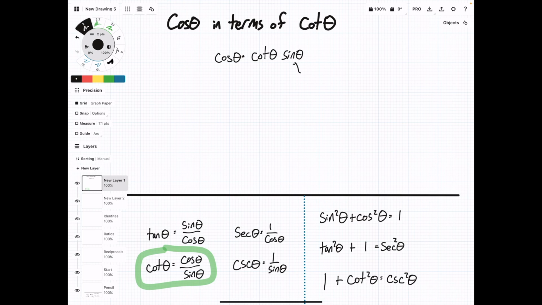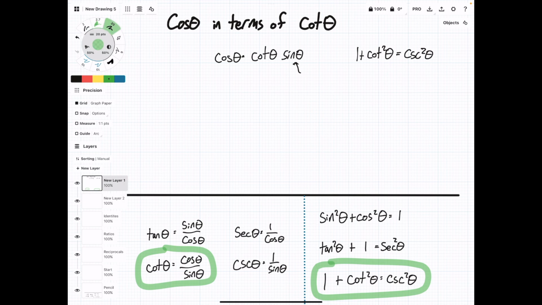Now we want to write sine in terms of cotangent, so we can use this identity. How this looks is 1 plus cotangent squared theta equals cosecant squared theta. And I forgot one other thing I need to highlight: we're going to use this ratio and plug it into this identity. So this equation up here becomes 1 plus cotangent squared theta equals 1 over sine squared theta. And then we can solve for sine.